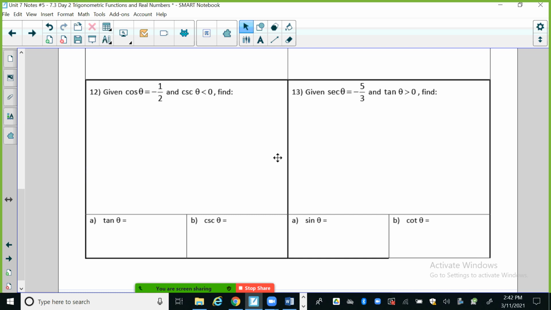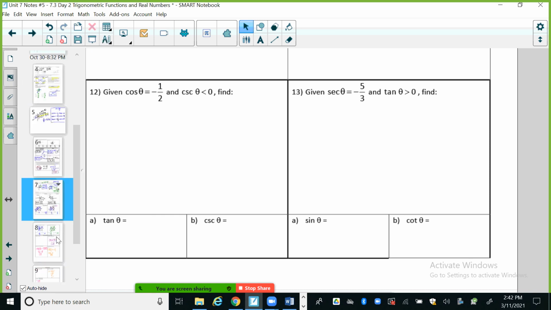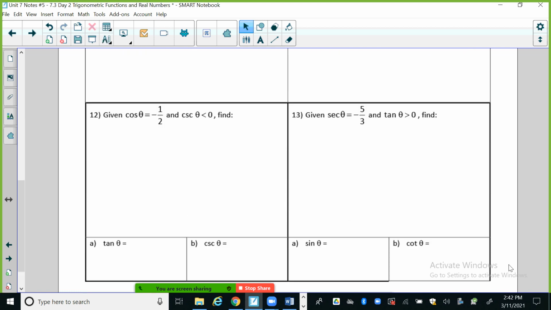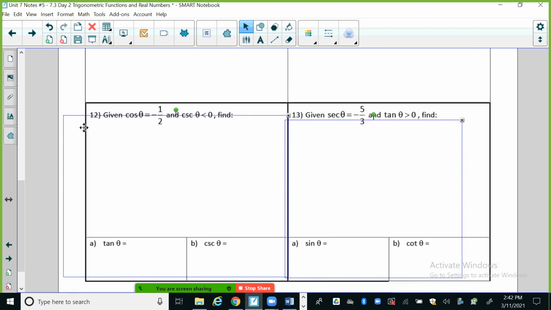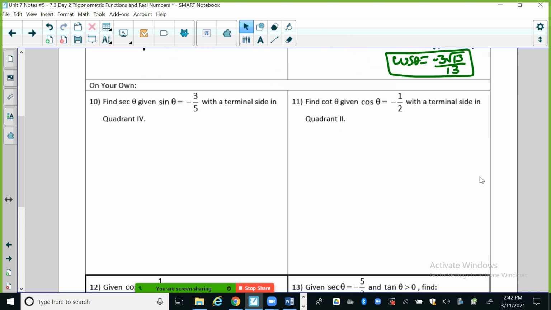We'll do 12 and 13 together, because 12 and 13 are just a little bit different. I'll check in about a minute and a half, see where you guys are at, and give you more time if needed.